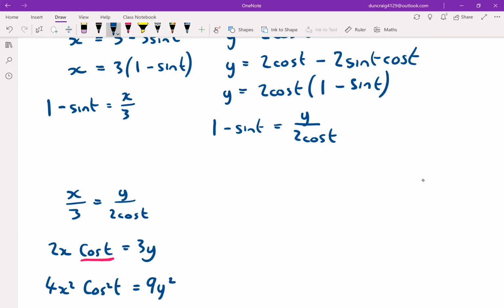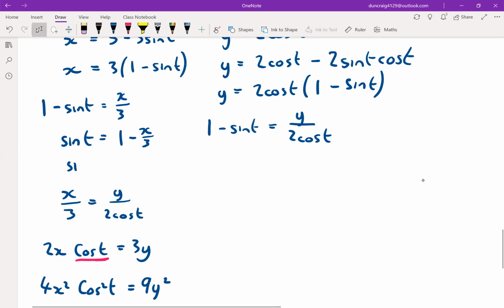And I'll come back to this one here and say, well, sine t is going to equal x over 3. Actually, if I bring that over, it's going to be 1 take x over 3. So then sine squared t is going to equal 1 take x over 3 all squared.